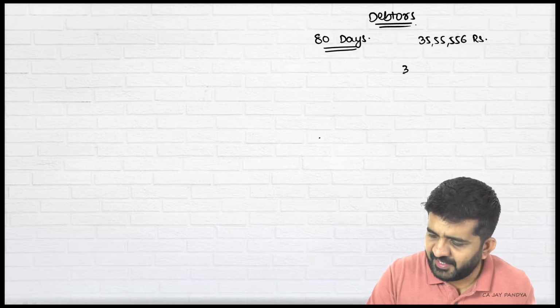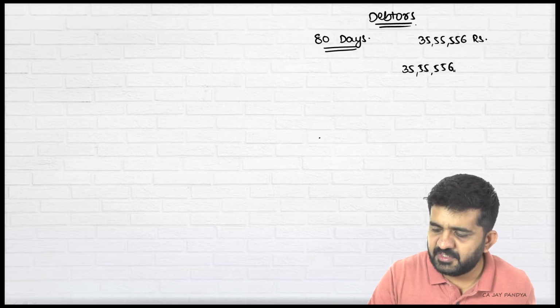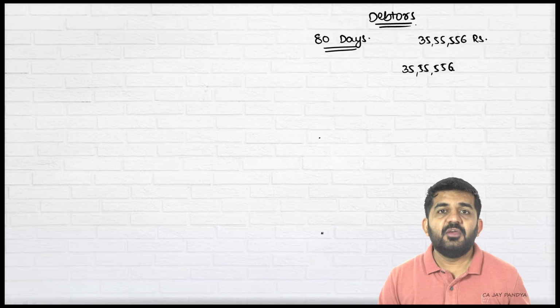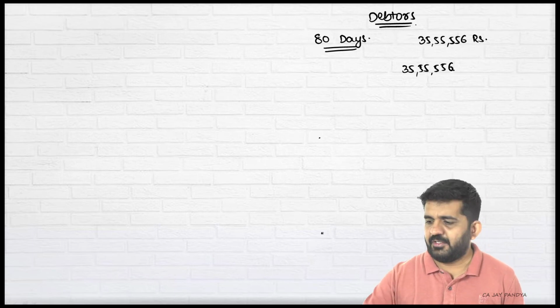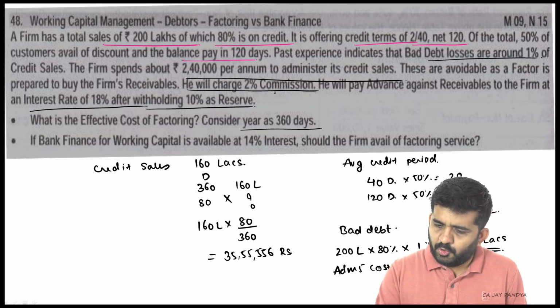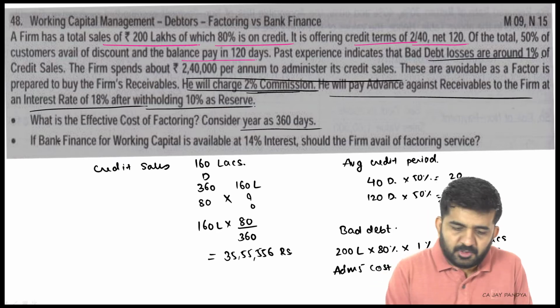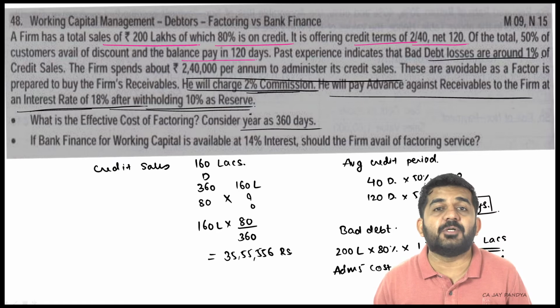First, will the factor give me 35 lakh 55,556 rupees in advance? The answer is no, because he will first reduce his commission. His commission is 2%. But yes, he will pay advance against receivables to the firm at an interest rate of 18% after withholding 10% as reserve.